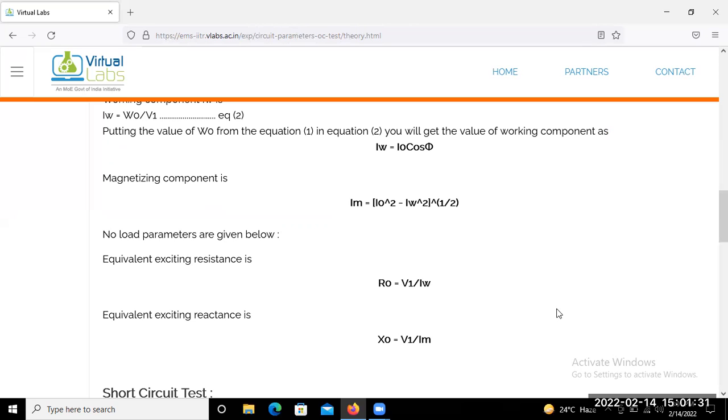Okay, that's why, if we connect all the instruments towards the LV side, then you may find 230 volt and 400 volt.